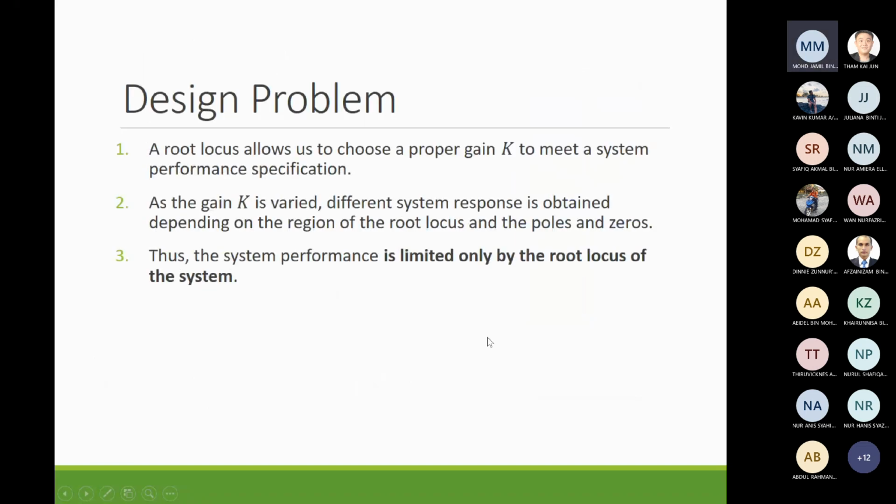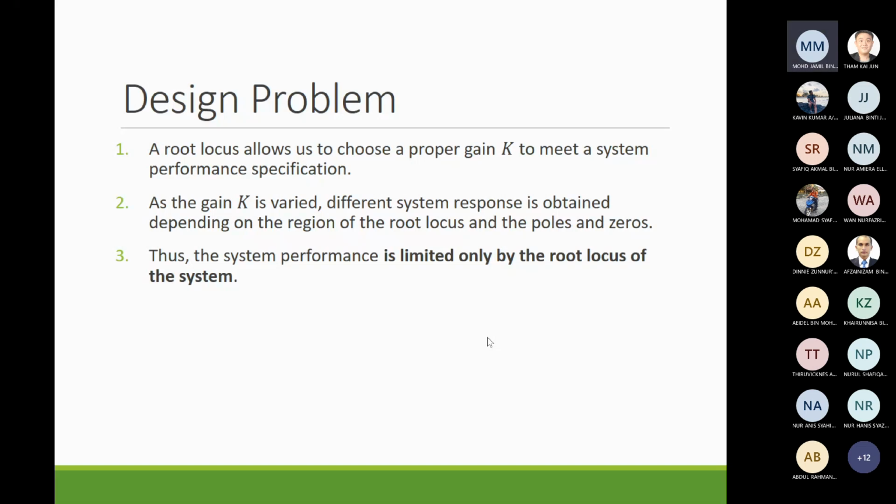Before we go into compensator, let's go back to the design problem. A root locus allows us to choose a proper gain K to meet a system performance specification. What this means is that we can adjust the value of K to get suitable performance for our system. That's why we have the root locus.